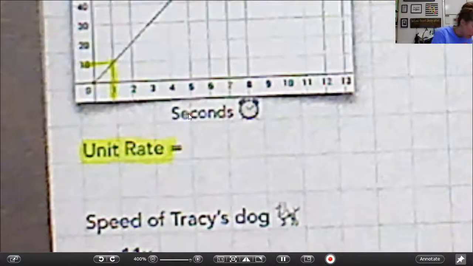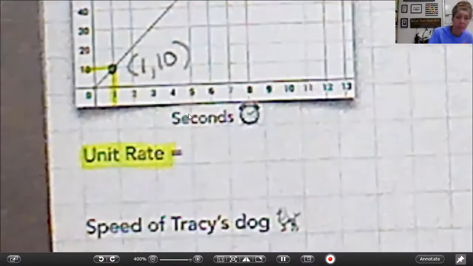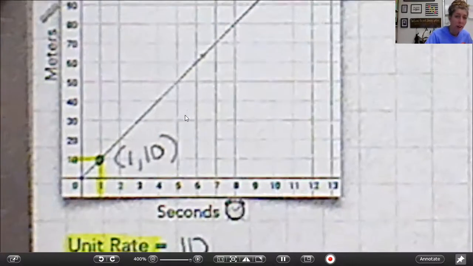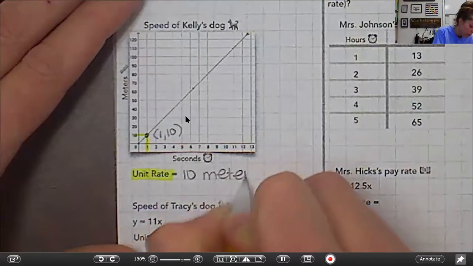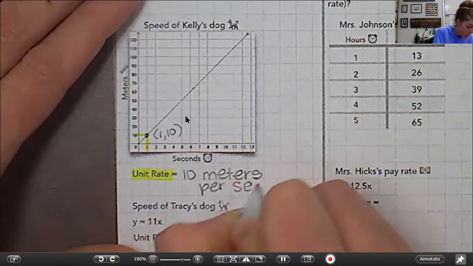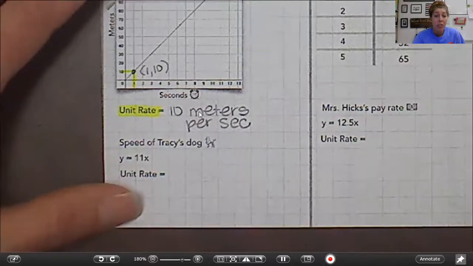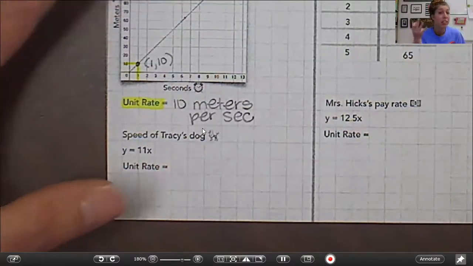You can even put the dot and write that point. It's 1, 10. Okay, that means 10 meters is my unit on the graph per second.